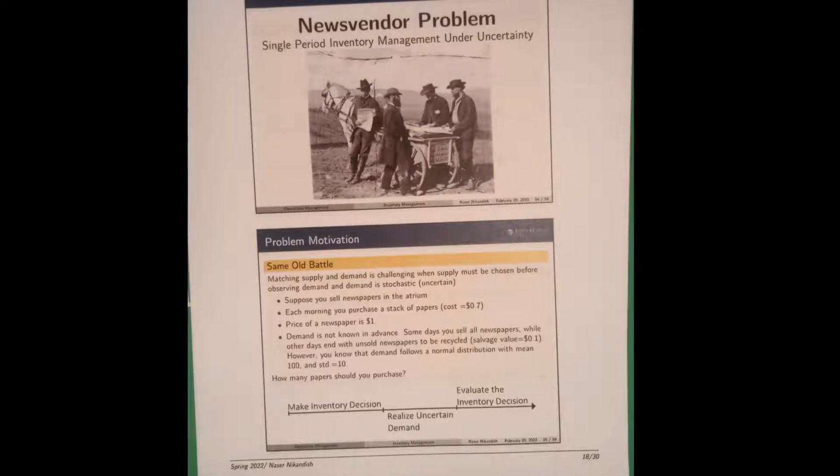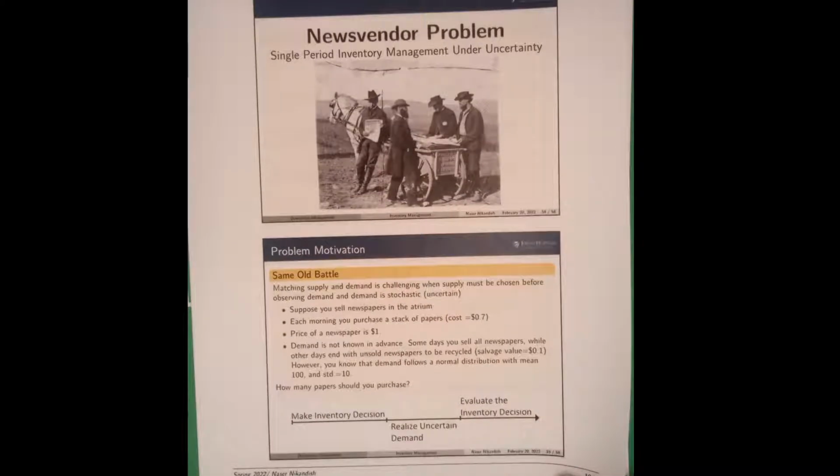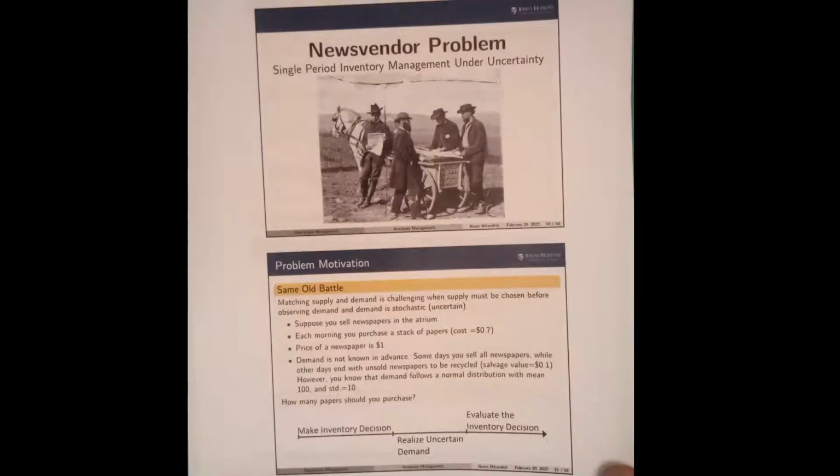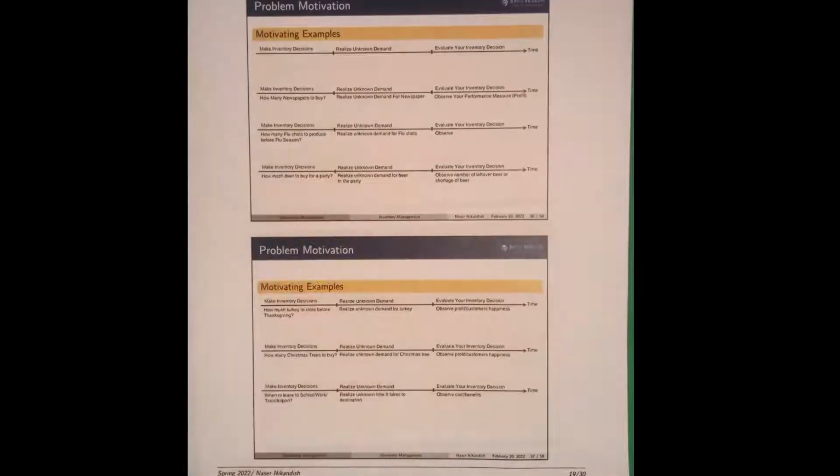We have some information about it, but it's not as deterministic and certain as in the EOQ model. And that's the beauty of this model. We are going to add uncertainty in making inventory decisions, because that's exactly what happens in the real world.